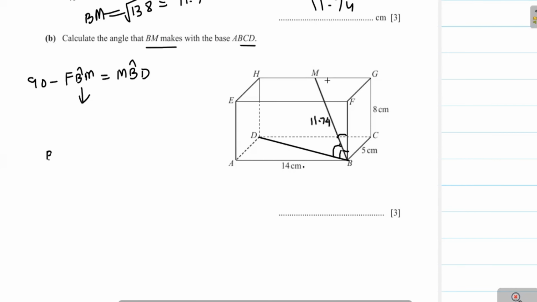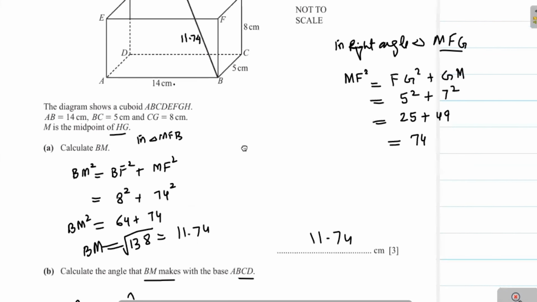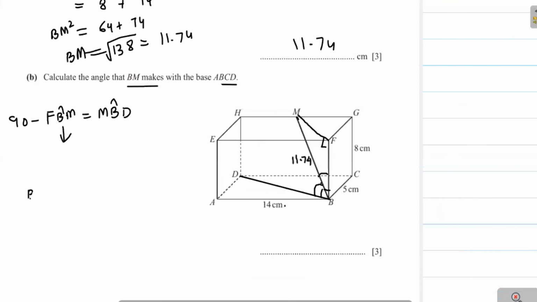You see here, this is the right angle triangle, and in this right angle triangle, the MF length you see here is the square root of 74.